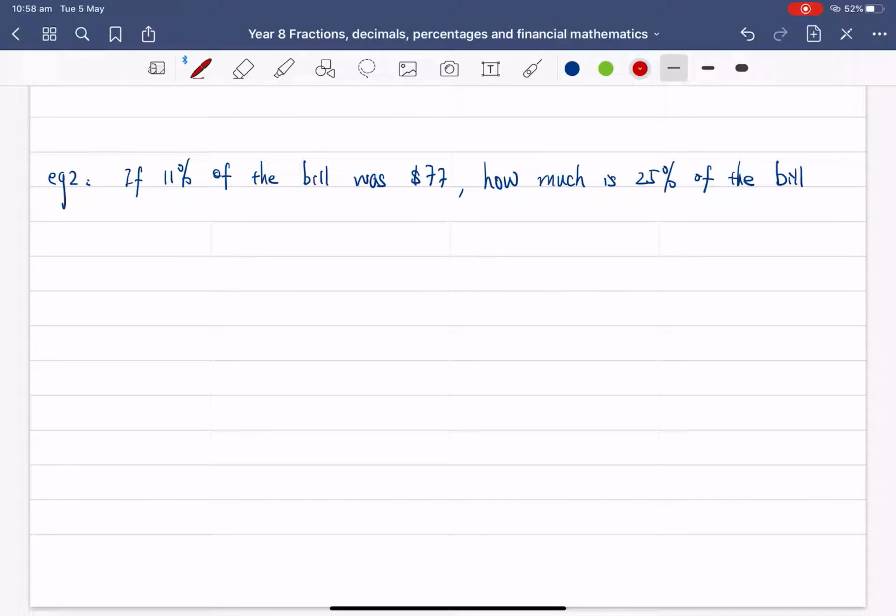The first step here is that 11% is equivalent to 77. So we can calculate what 1% is. We divide 11% by 11 to get 1%, so we divide 77 by 11. That gives us $7. Once we get 1% is $7, we need to work out what 25% is, and all we have to do is multiply 7 by 25.